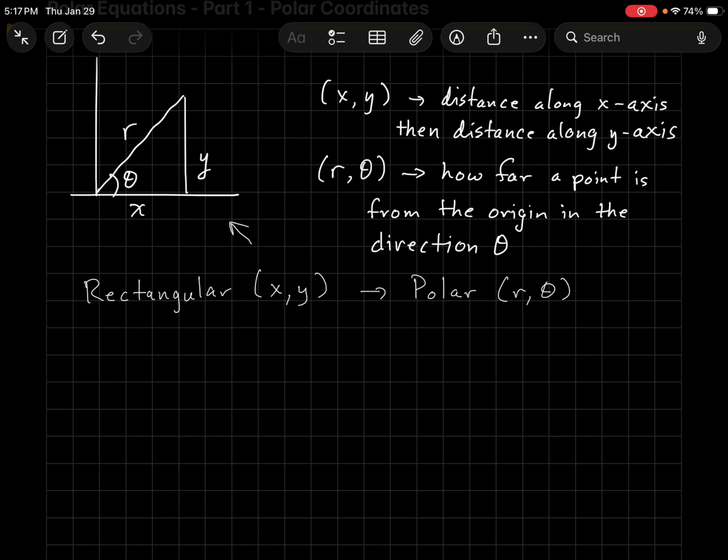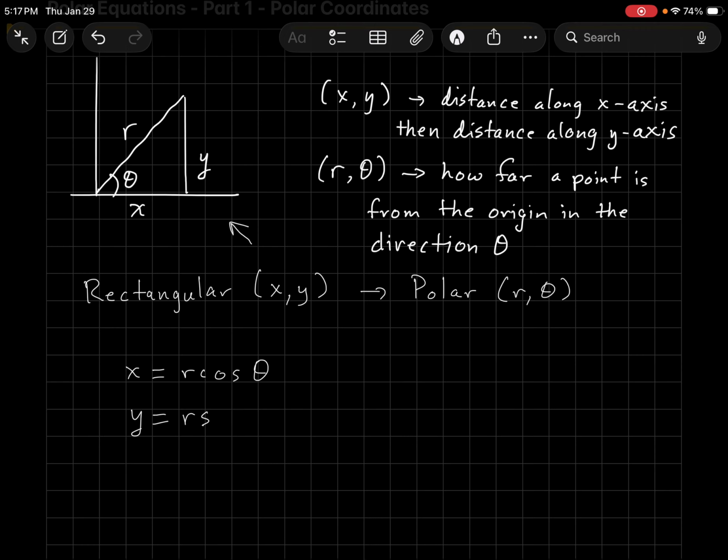So when you're stuck in polars, whether it's pre-calculus or calculus, very often you're going to want to come back to one of these 5 things. First, the 4 main equations. X is r cosine theta, or x over r equals cosine of theta.